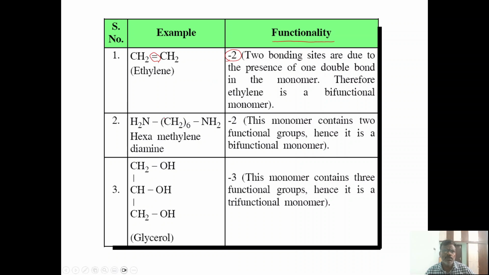In this monomer, there are two amine groups, amine 1 and amine 2, so the functionality is 2. Functionality can be a functional group, a double bond, or a triple bond. In the next example, there are three OH groups, so the functionality of this monomer is 3.